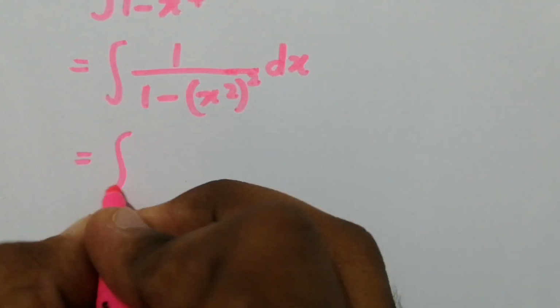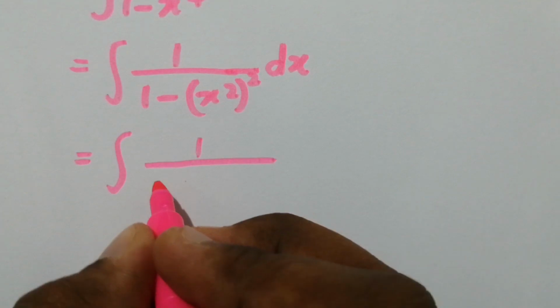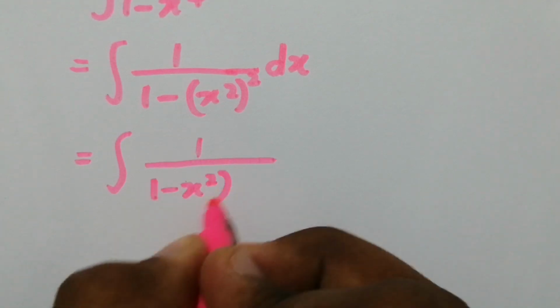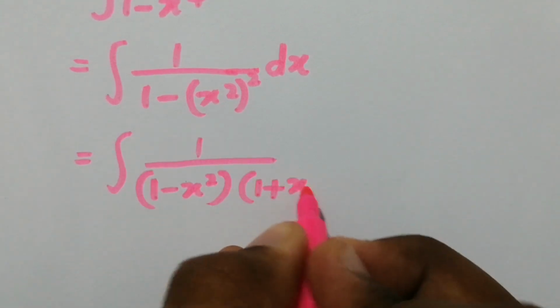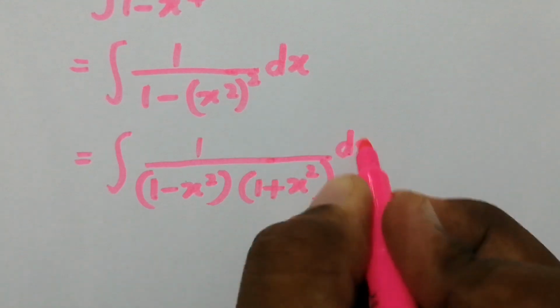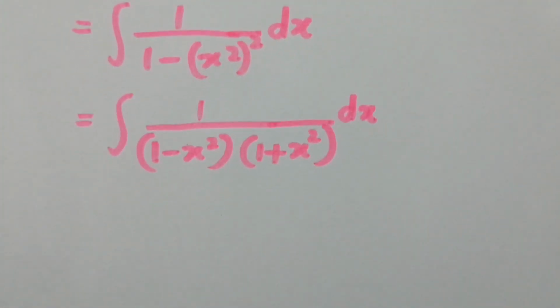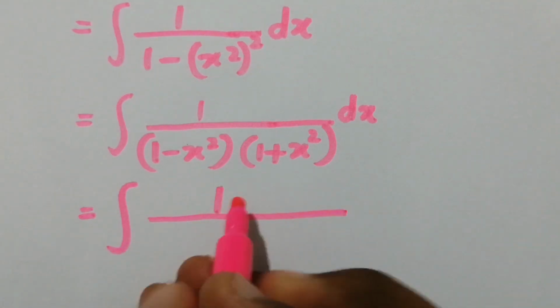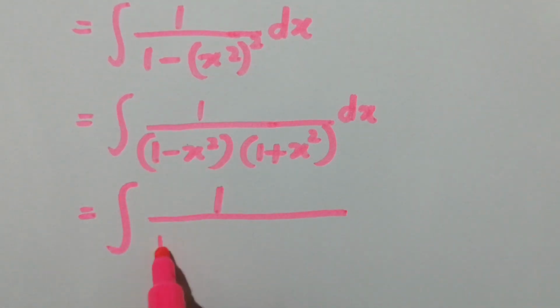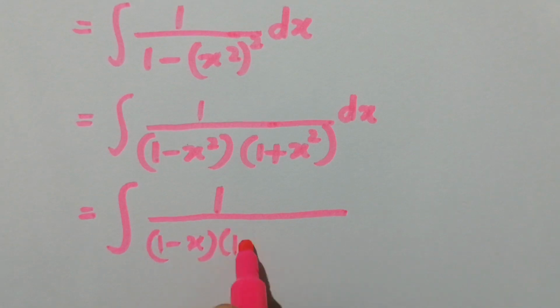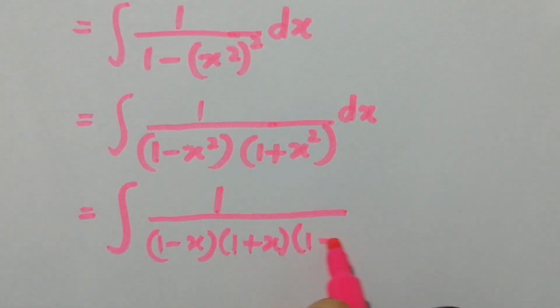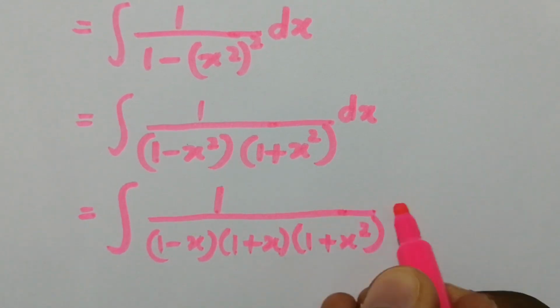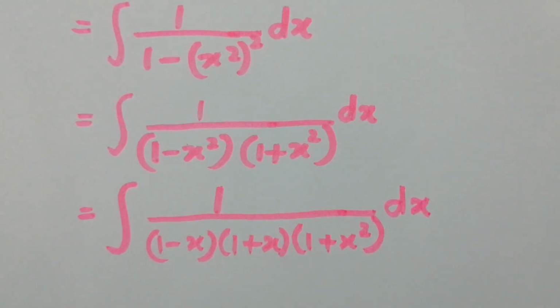Then if I write the factors, it is 1 upon (1 minus x squared) times (1 plus x squared) dx. Then I can further factorize this 1 minus x squared as (1 minus x) times (1 plus x) times (1 plus x squared) dx.